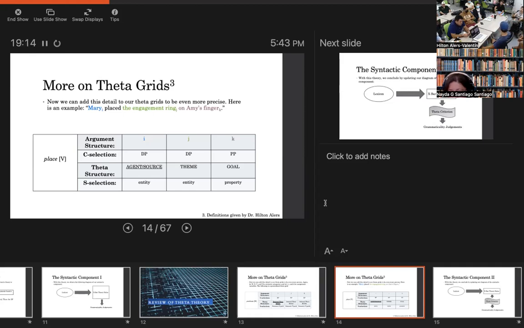Because there are certain verbs that may have two or three arguments. We talked about that in a previous discussion, that there may be lexical items that have more than one theta grid. I will always use the example of drink. Usually, drink requires two arguments: who drinks and what.